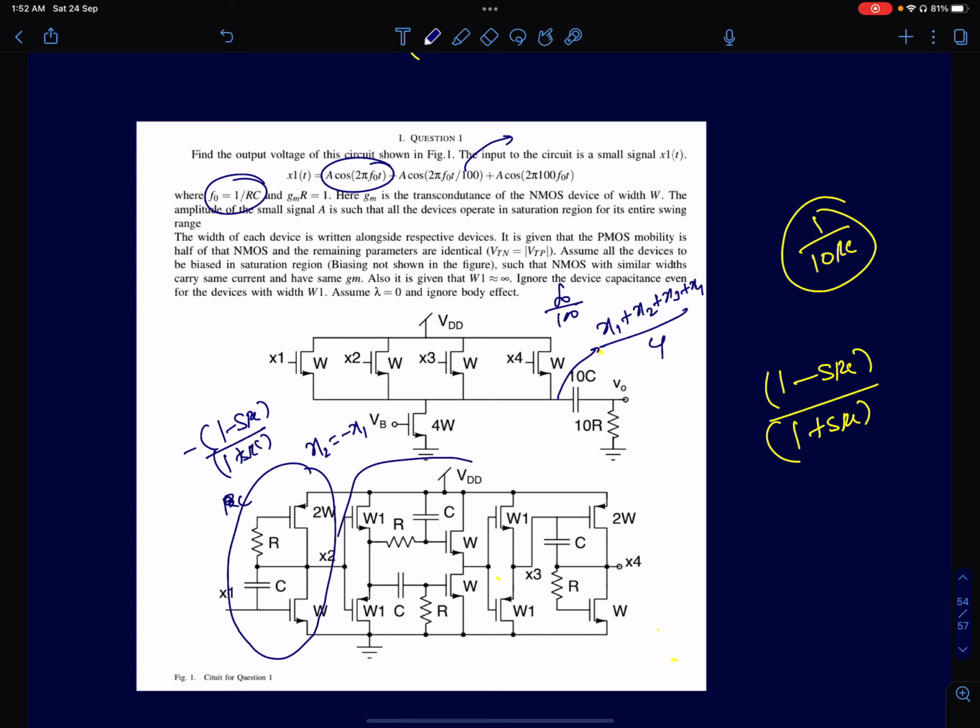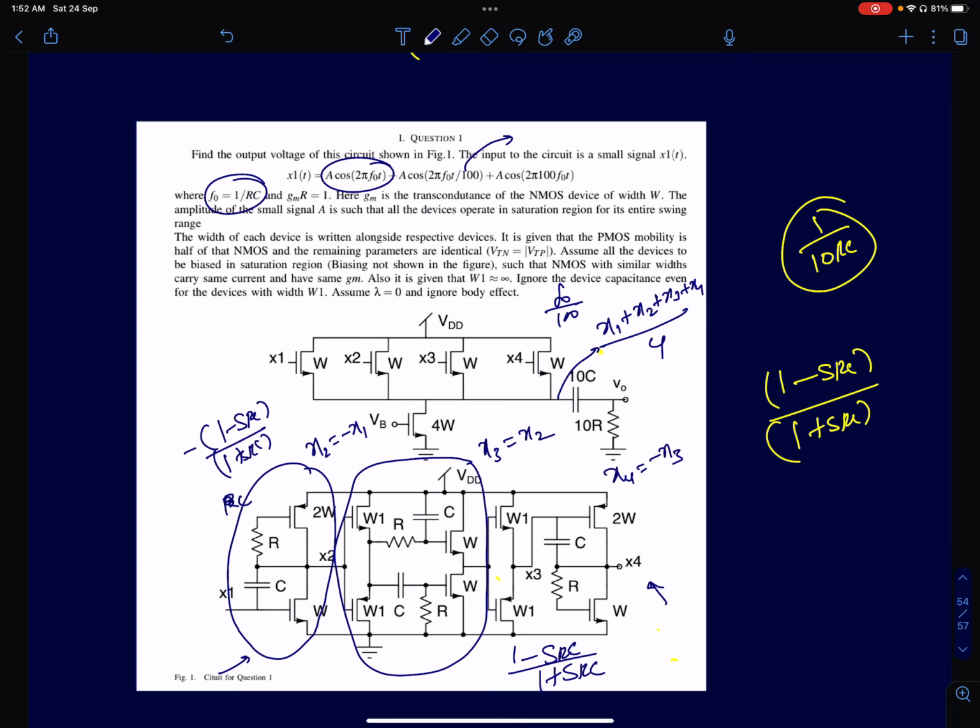Now for this circuit, the transfer function has no negative sign. It's just 1 minus SRC by 1 plus SRC. Therefore at DC the gain is just 1, so X3 equals X2.